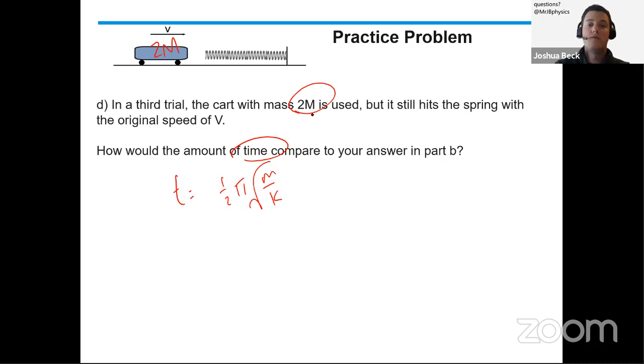Well, 2m means that this is now going to be 2m. So this equation here is going to be increased by the square root of 2. So whatever our initial time was, our second time will be a little bit longer. Now, why is the time going to be a little bit longer in this case? Well, it's the same spring, right?